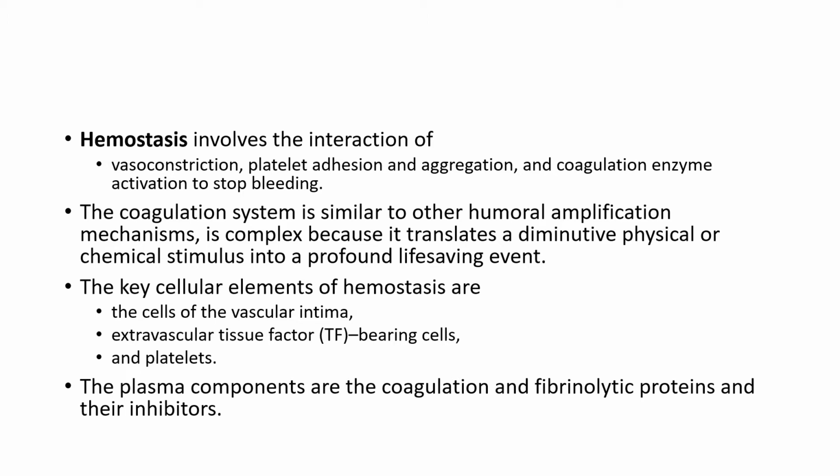There are also plasma components. We already mentioned the clotting factors, coagulation factors, and also the fibrinolytic proteins, and also their inhibitors. So all of these would be interacting, and it will depend on how these substances are activated or inhibited.